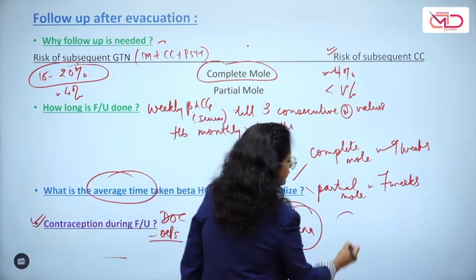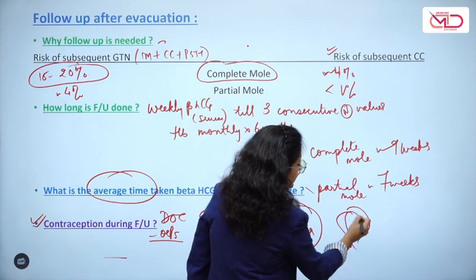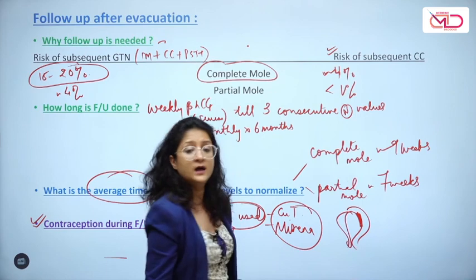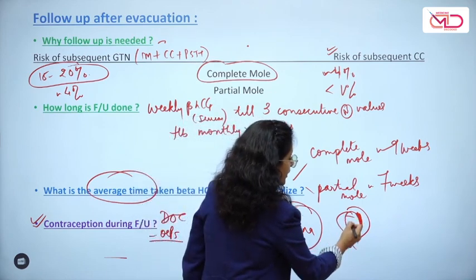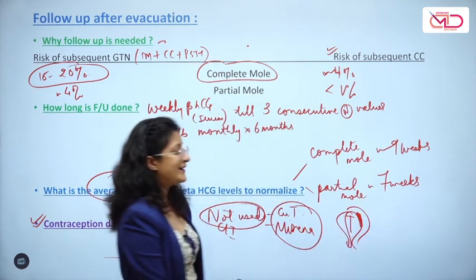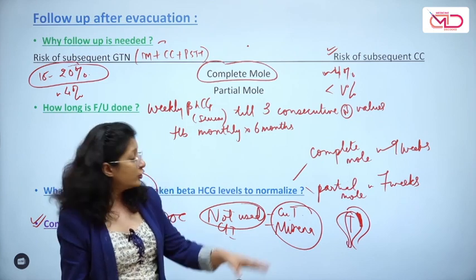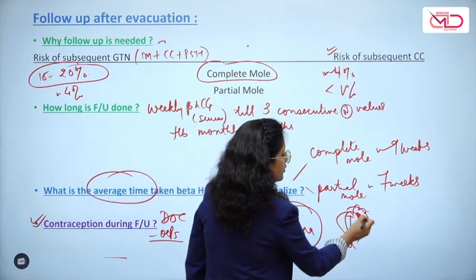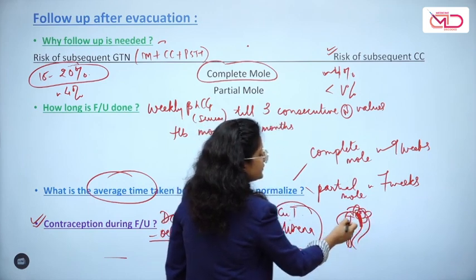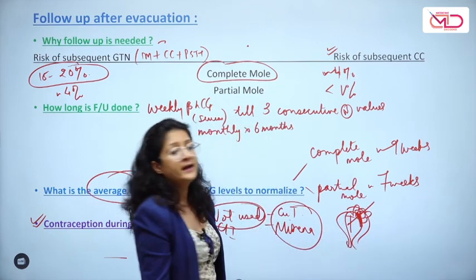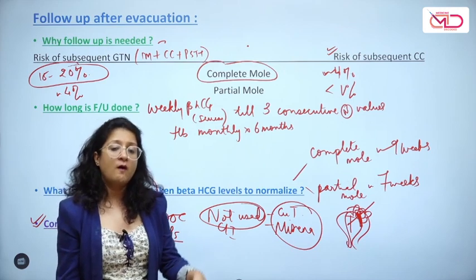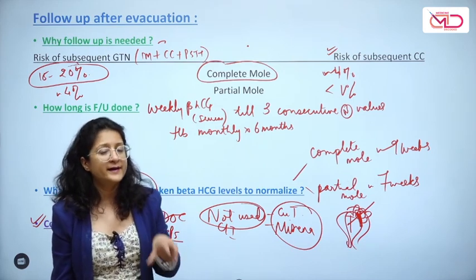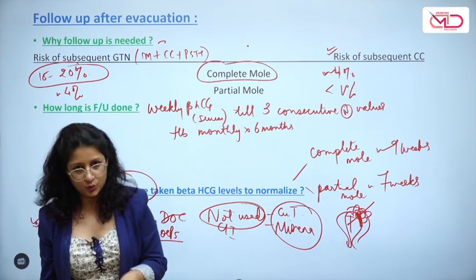You see, if you have a uterus like this here, there is a possibility of a focus of invasive mole here, and you put an intrauterine device here, a Copper-T or a Mirena, and you have an invasive mole here, the chances of this device perforating increases. So therefore, during follow-up, any intrauterine device should not be used.